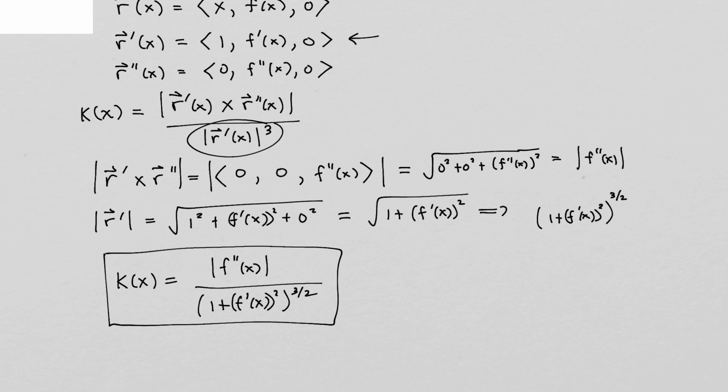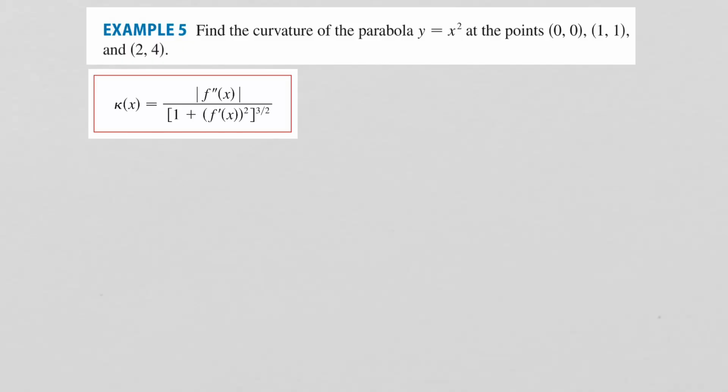Let's take a look at an example. So let's go ahead and find the curvature of y equals x squared at the points 0, 0, 1, 1, and 2, 4. So first, let's just compute some derivatives here. So f prime of x we know is 2x. F double prime of x is 2.